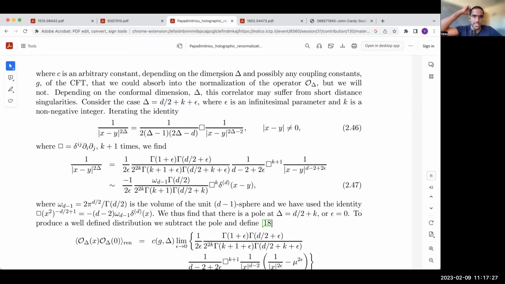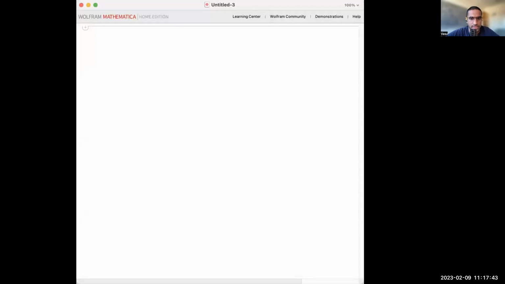The statement is that 1 over |x minus y| to the 2 delta is 1 over this. Let's confirm this at least in dimension 1, where I can do this in Mathematica. Let's see side by side what the two statements are.